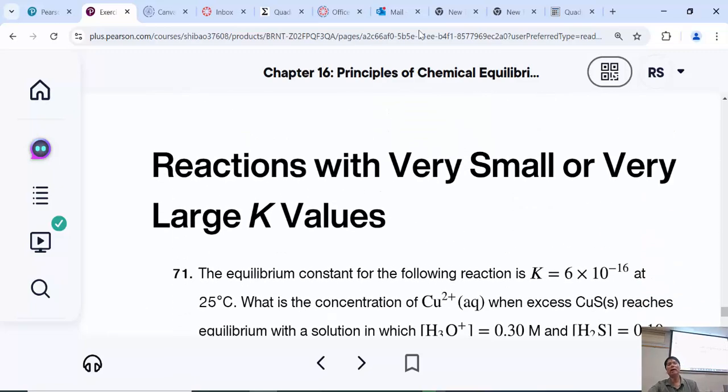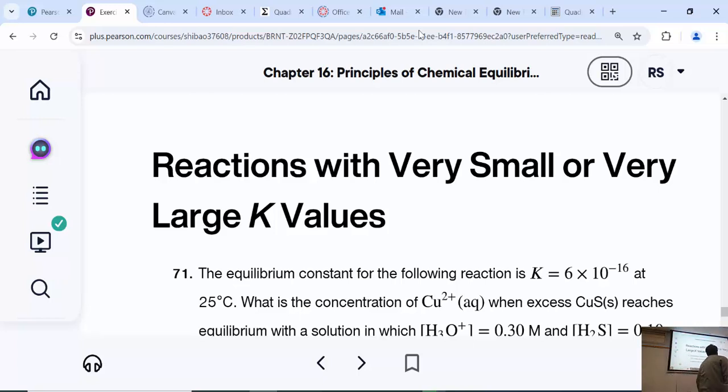And then we have these reactions with very small or very large K values. When we're dealing with very small or very large K values, there are certain tricks to make the math easier. We could try to use these tricks for all ICE calculations, but they don't work as well when K values are close to 1 or are just moderately big or moderately small.